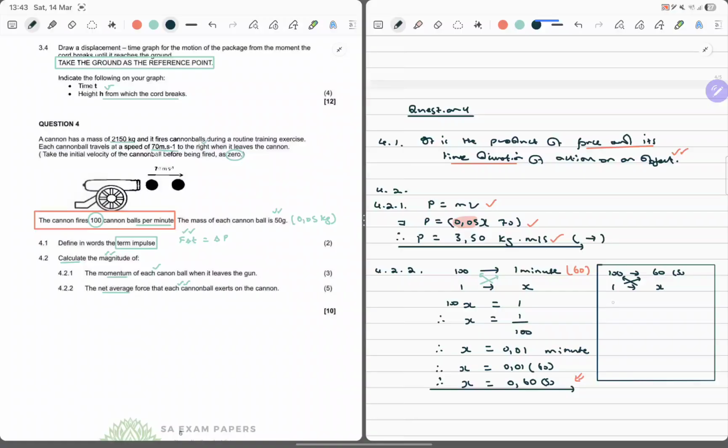We get 100x equals 60. We get that x is going to be 60 over 100. Therefore, x is going to be 0.60 seconds. Nice and easy. Of course, guys, I made this look like an answer. It's not.